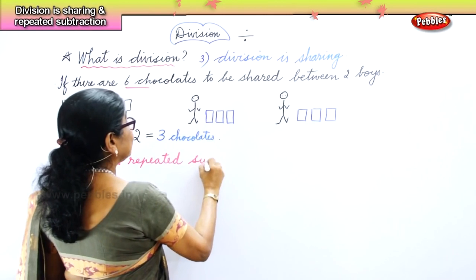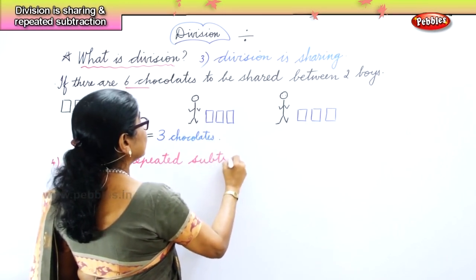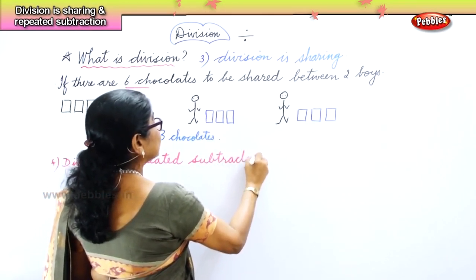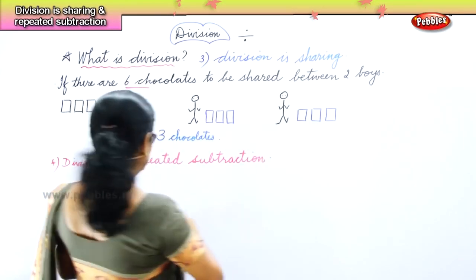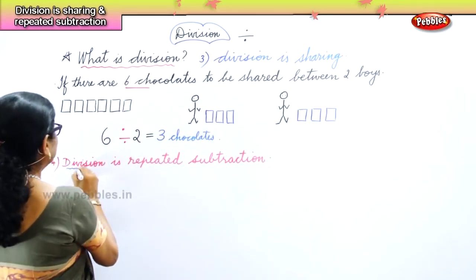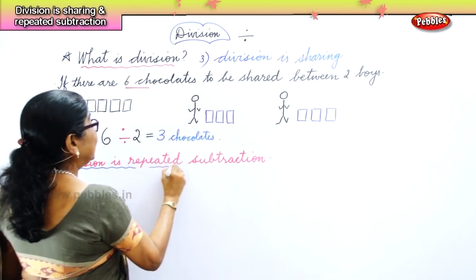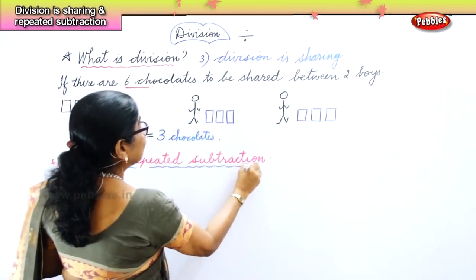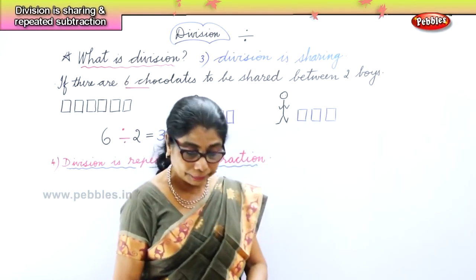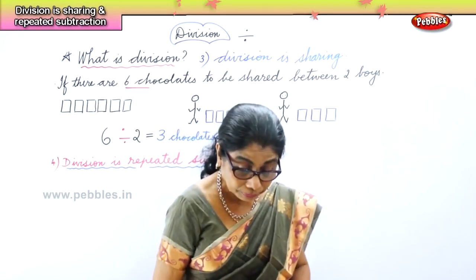Okay? This is the fourth concept. Division is repeated subtraction. Alright. Now, let's look at that.